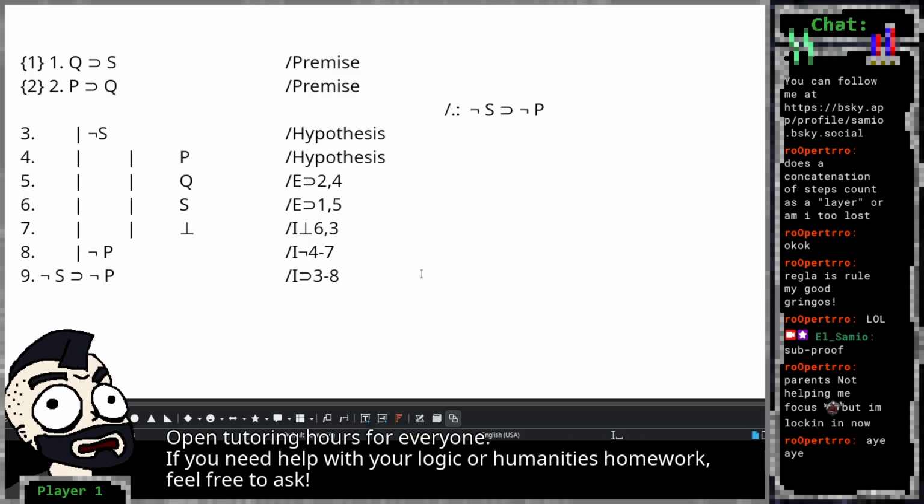That is a more interesting proof. Or rather, a more interesting exercise on how to do a proof.